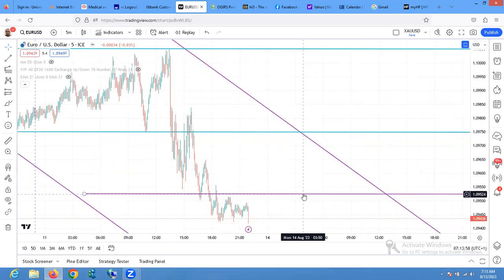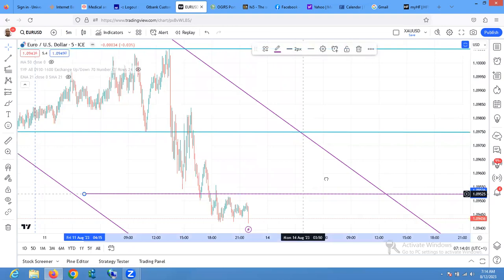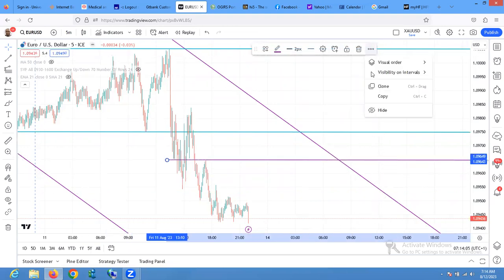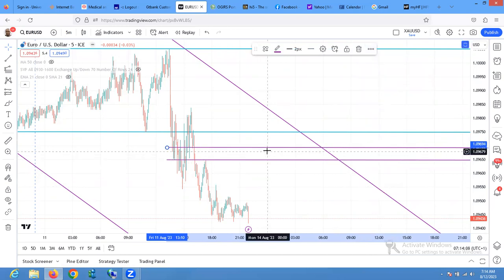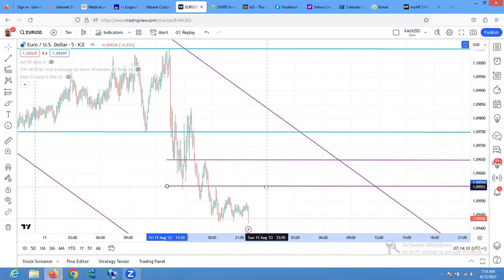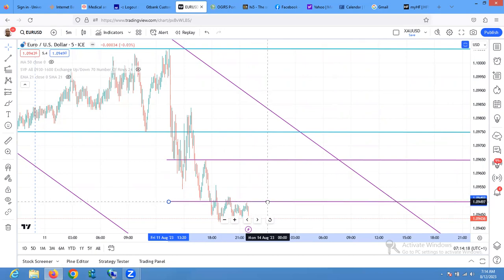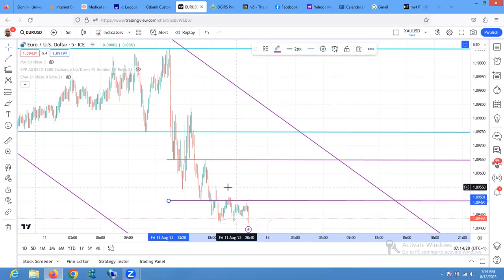Breaking the structure, so we can see that this is a structure here. This is a structure here. So is it a definite structure? We have this move, a correction to the upside, and this to the downside.